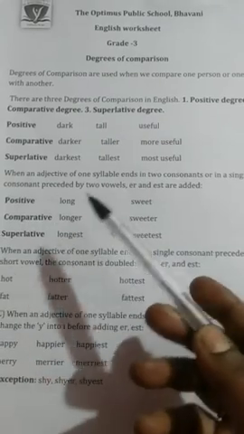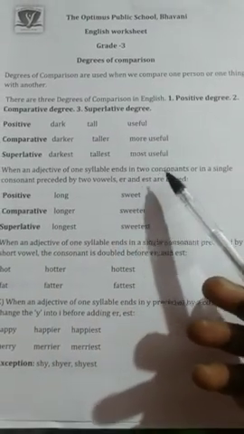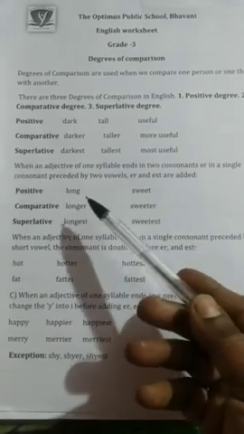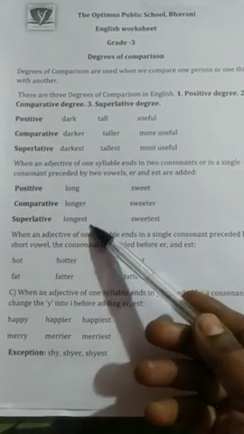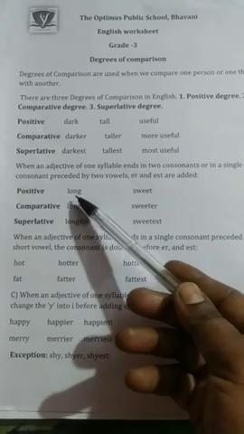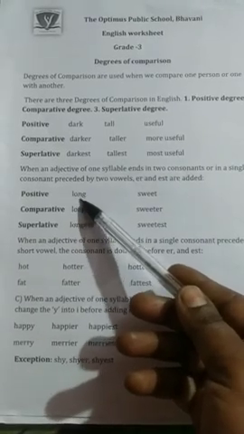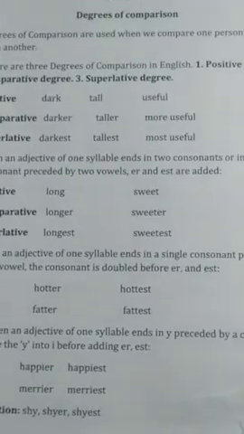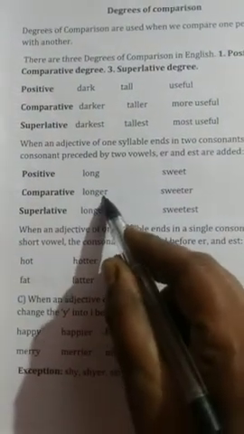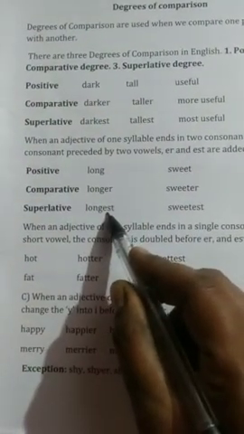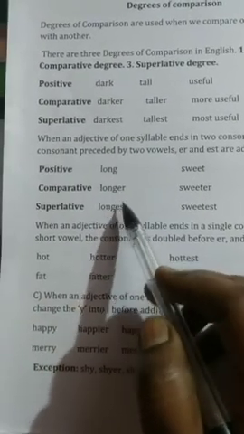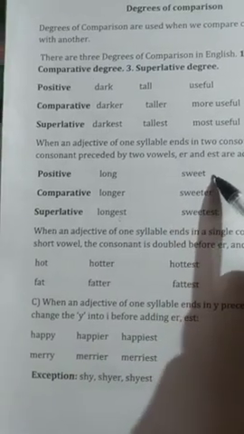When a one syllable word ends in 2 consonants or a single consonant, you have to add er or est with the adjective. For example, long, longer, longest; sweet, sweeter, sweetest.